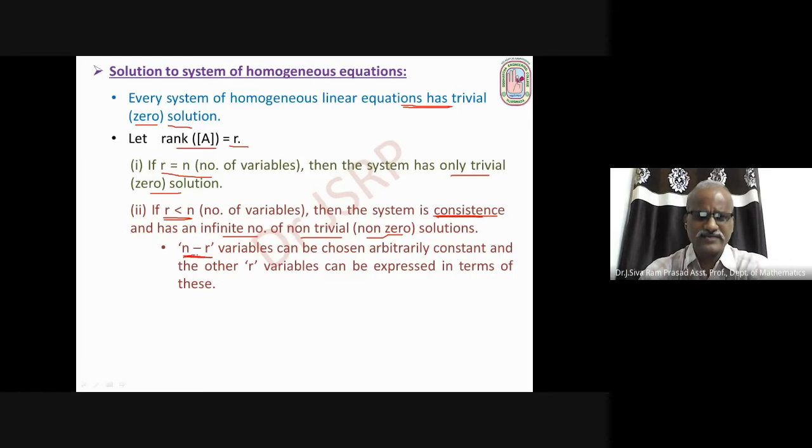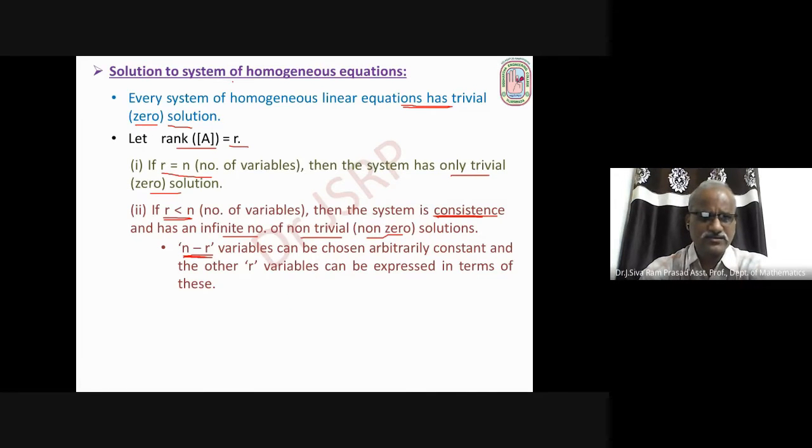So we get n minus r linearly independent solutions. That is the procedure to solve a system of homogeneous equations. First find the rank of the coefficient matrix. If that rank is equal to the number of variables, the system has only the zero or trivial solution. If rank is less than the number of variables, then the system is consistent and has an infinite number of non-trivial solutions.